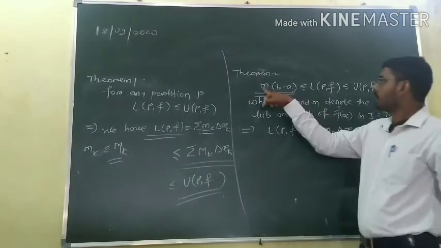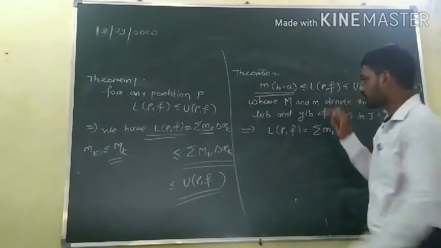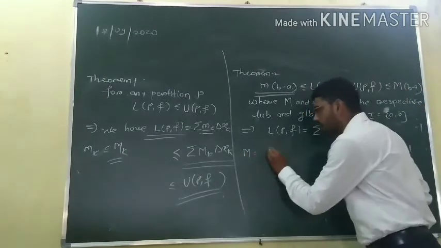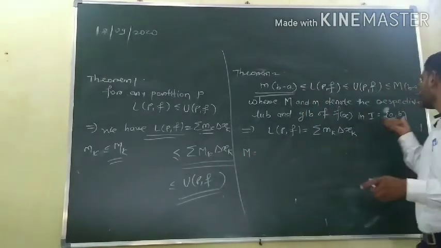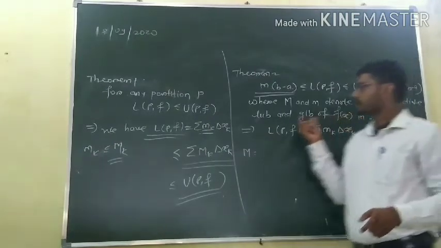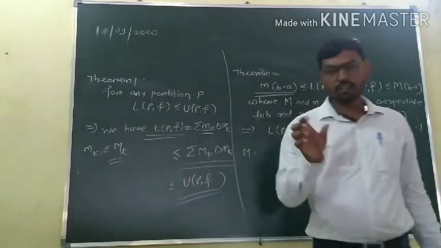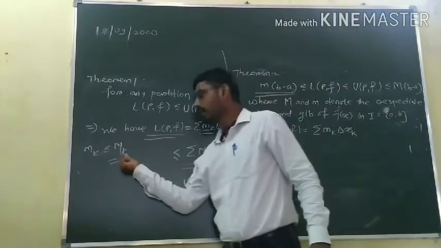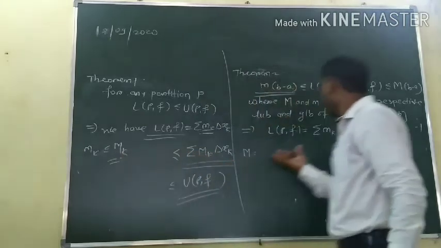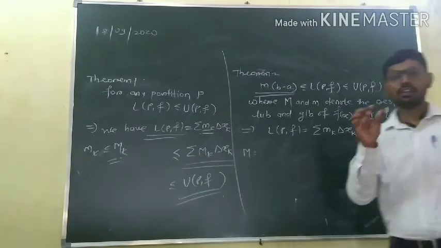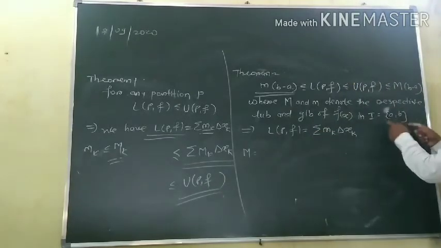What are small m and capital M? Capital M is nothing but the maximum value of the function in the whole interval AB. What was capital M_k? It was the maximum value of the function, but only in the kth subinterval. Okay, and here capital M is the maximum value of the function in the whole interval.